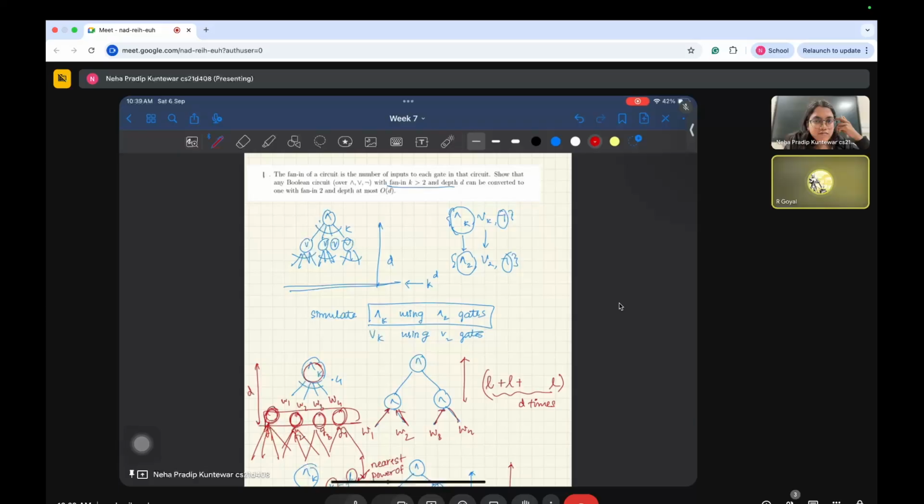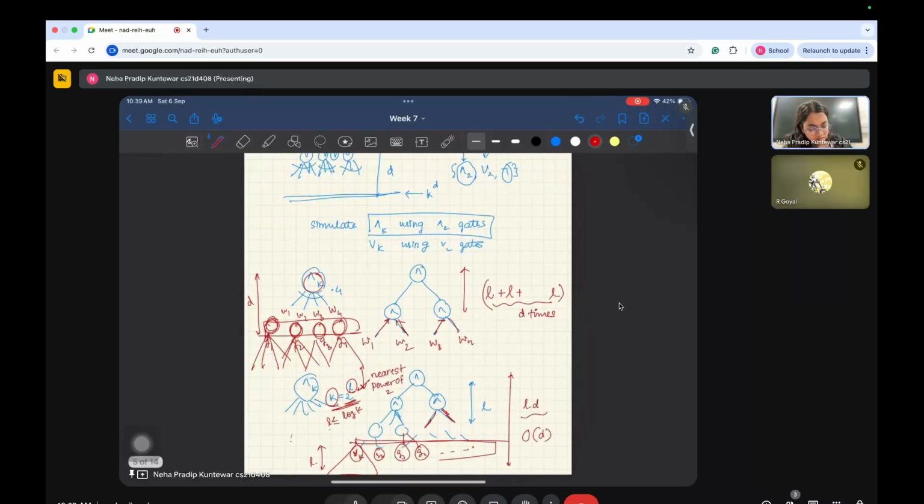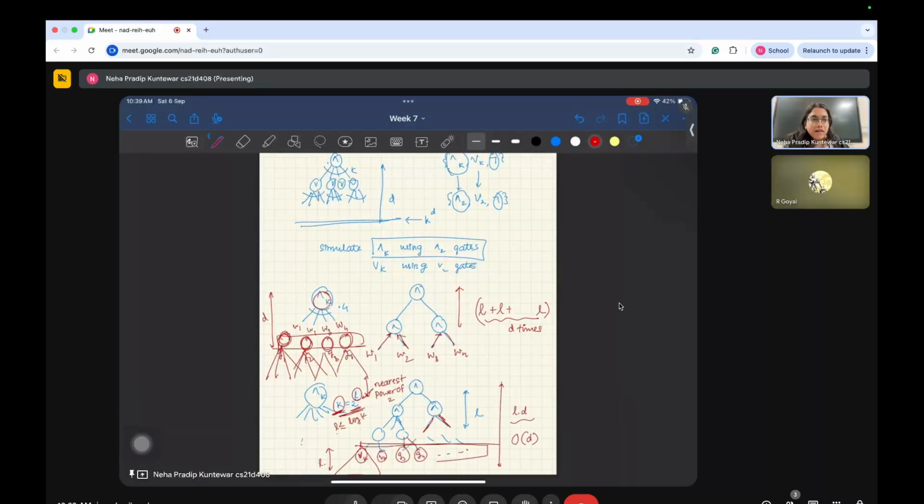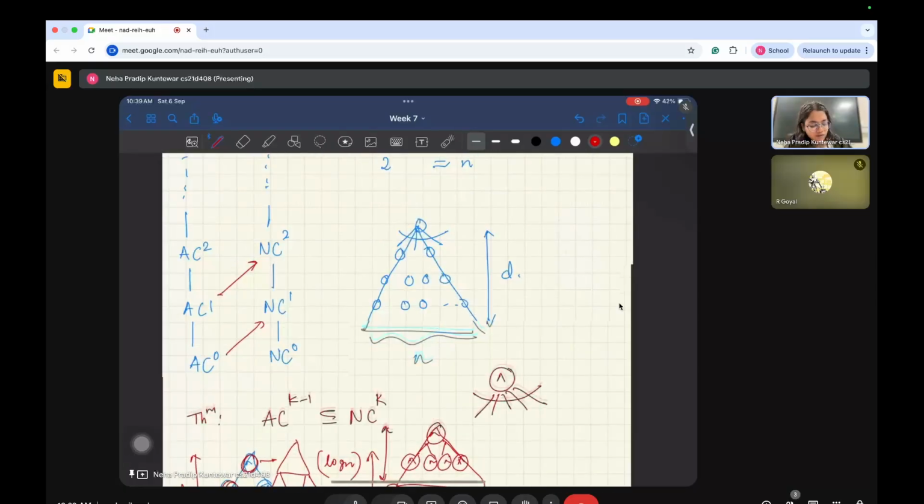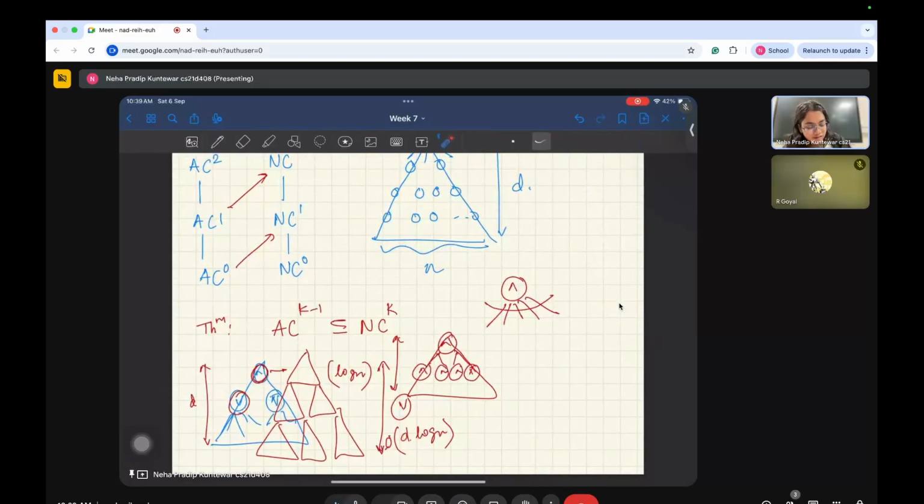Because K is n, so L is log n. So if L is not constant, then it will become of the order of D log n. Exactly, so that is exactly the argument that we did.